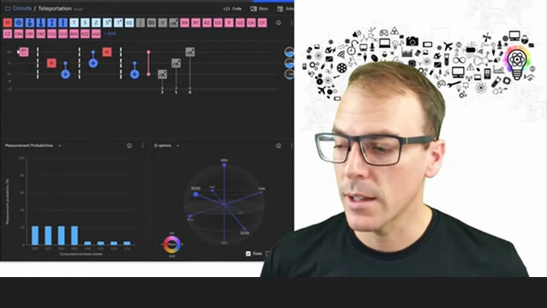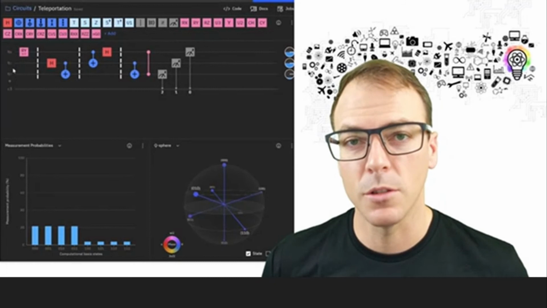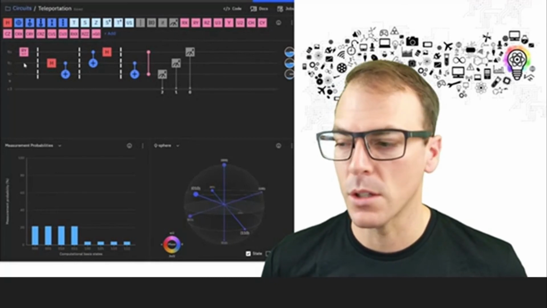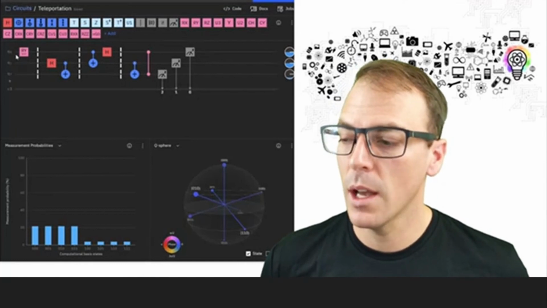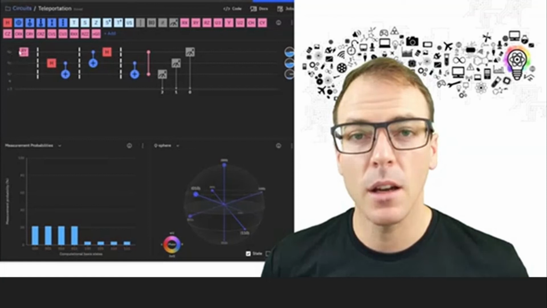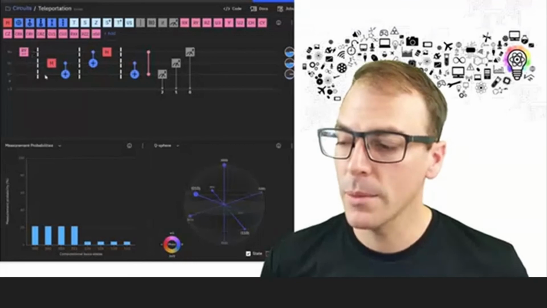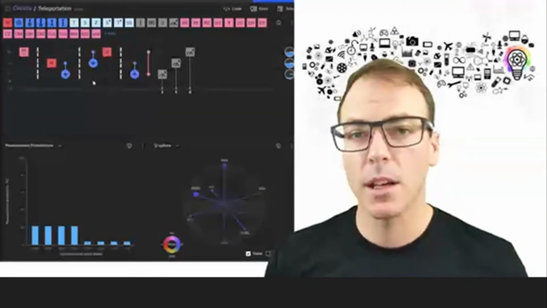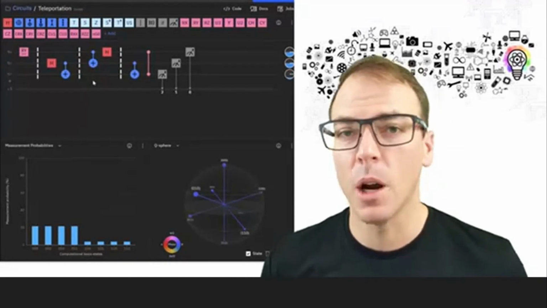At time 0, I always start in the computational 0 state, and as I move right, I step through instructions, gates that are applied to the qubits. At each point in time, the state of the qubit changes according to what gates are applied to it. At each point in time there's a new state, and in reality, there's a continuously changing state. So this is potentially a very difficult problem.